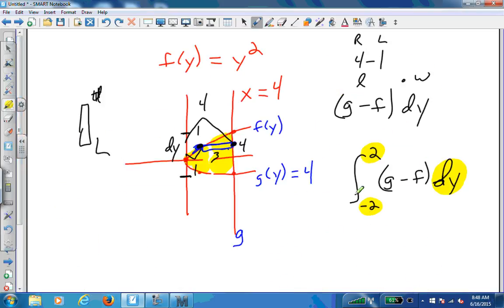So we're just adding up rectangles in the y direction from the lowest y to the highest y. So in this case, G is 4, F is y squared, dy. So we would just evaluate that integral, and that would give us the area in between those two curves.